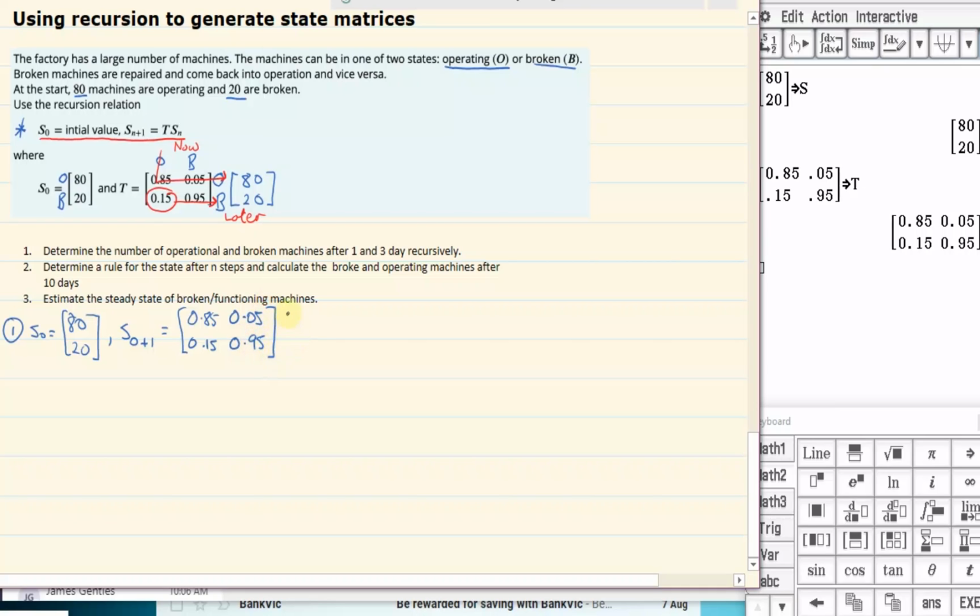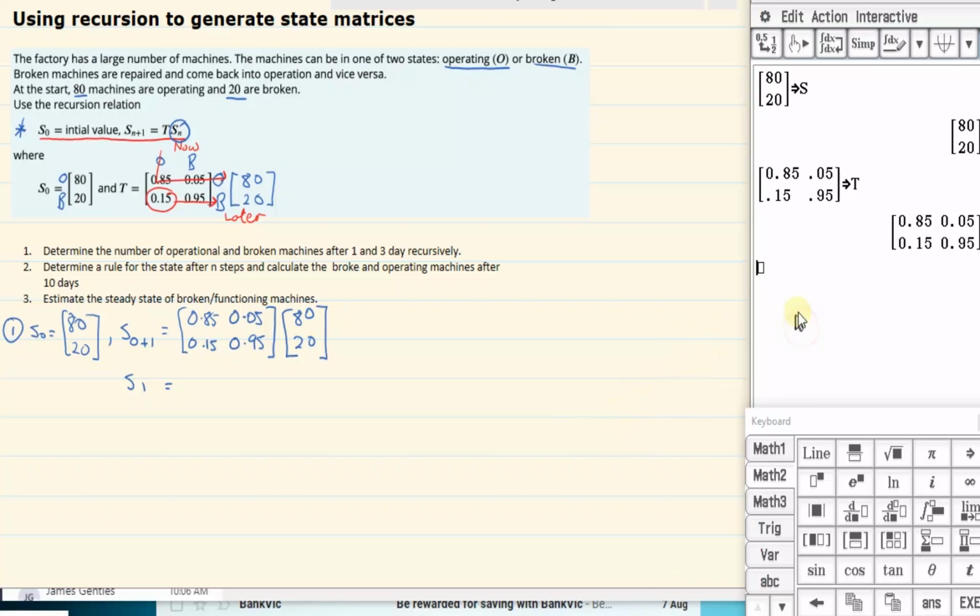And that is all multiplied by Sn. So Sn is whatever matrix, whatever state we're currently in. We're currently in state 0. So we multiply that there. And at the end of it, that will give us S1, because S0 plus 1 is equal to 1.